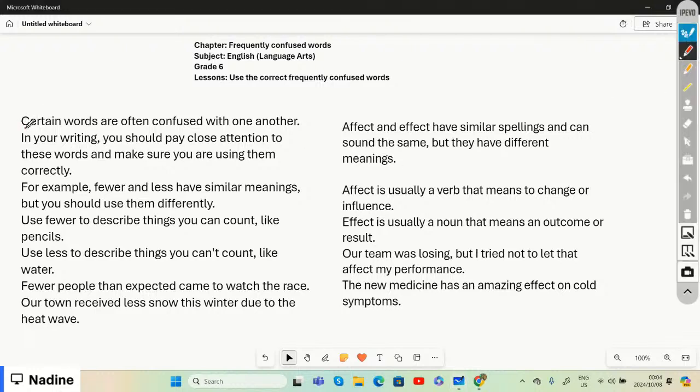We have certain words that are often confused with another word. That can be because the words look almost the same, or probably because of the way you say it. It's using the one word instead of the other word.